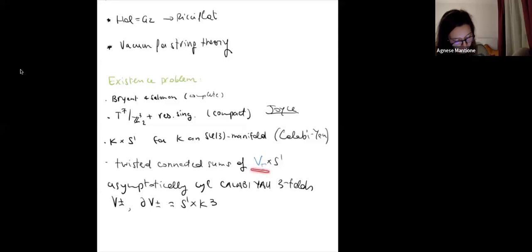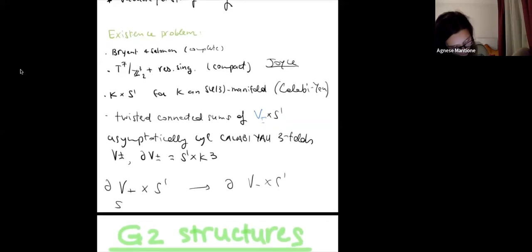So if this V is of this type, where K3 is the K3 surface, then one will want to glue V plus, the boundary of this with the boundary of this. And so we will get S1 times K3 times S1 to S1 times another copy of K3 times S1.